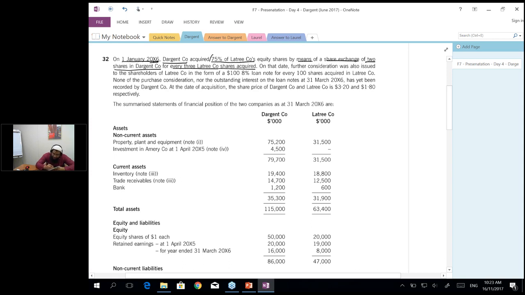So we have actually acquired 75% shares and we have made a share exchange giving 2 shares for every 3 shares. So if I go and see the number of shares of the subsidiary, the equity shares of subsidiary is 20,000 with a par value of $1 each. So the number of shares are 20,000.